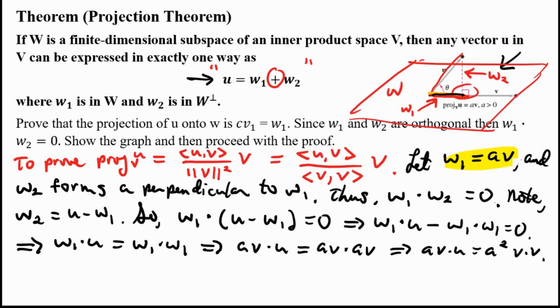Now I'm going to basically solve for a. So solve for a, I'm going to divide both sides by the a and divide both sides by this dot product of v and v. So, and then I'm going to write the right side first.